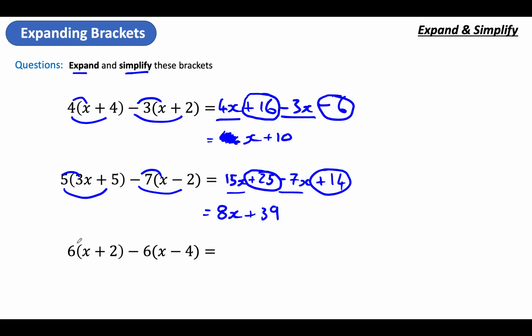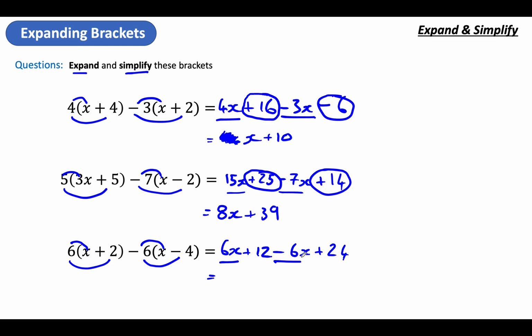And the last one, 6 times x, it's 6x, and 6 times 2 is 12. Negative 6 times x is negative 6x again, and negative 6 times negative 4, we've got a negative times a negative, that makes a positive, and 6 4s are 24. Right, what have we got here? 6x, take away 6x, leaves no x's at all.